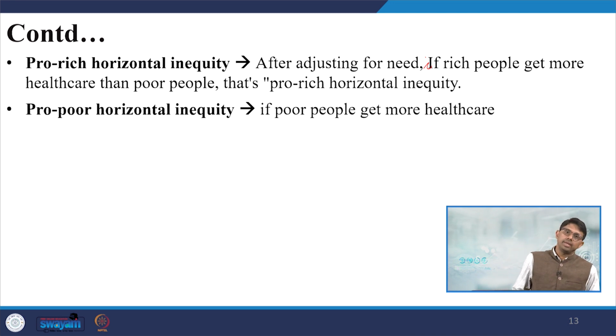Adjustments are made based on the factors we just mentioned, but still the rich are more advantageous, or receiving more benefits than the poor. If the inequity is skewed towards the rich, that is called pro-rich, and the reverse is called pro-poor.